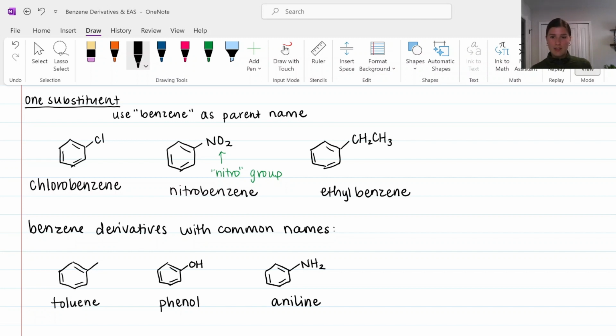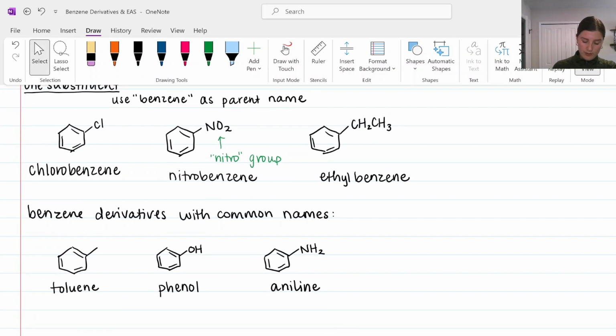The first 3 are IUPAC names for benzene with one substituent. And the second 3, the bottom 3, are common names of different benzene derivatives. And all of these just have one substituent. We'll, of course, do some examples in class. But let's move on to when we have 2 substituents.